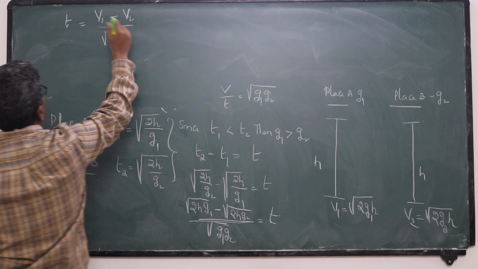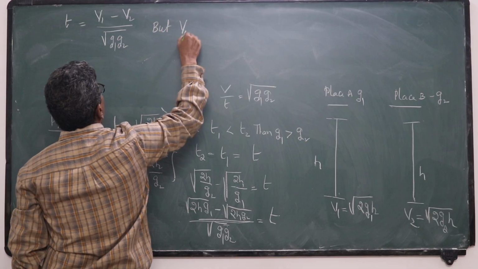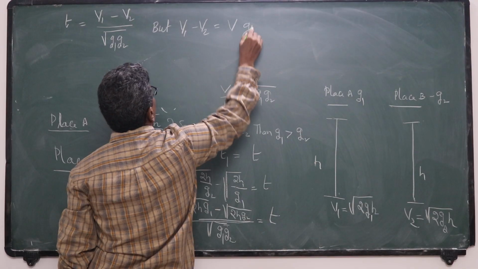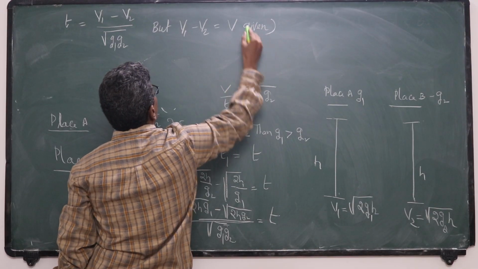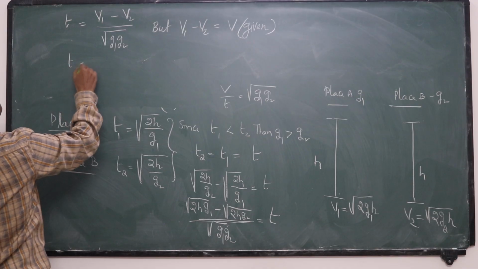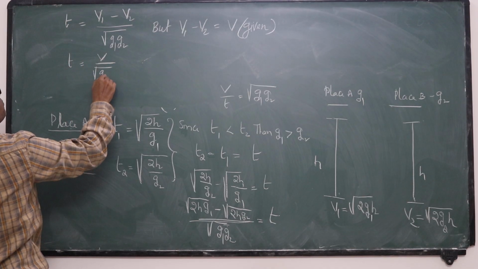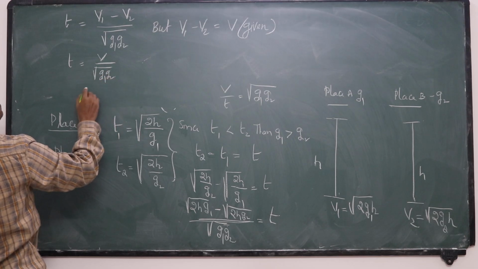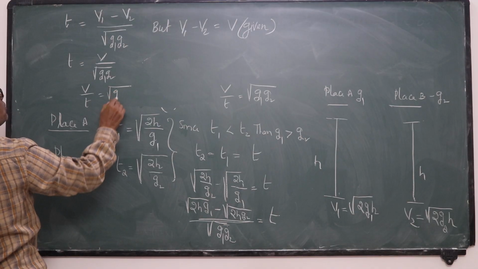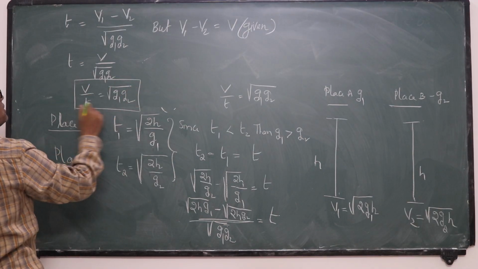But v1 minus v2 is given as v. So we write T is equal to v by root g1 g2. So v by t is equal to square root of g1 g2. Hence proved.